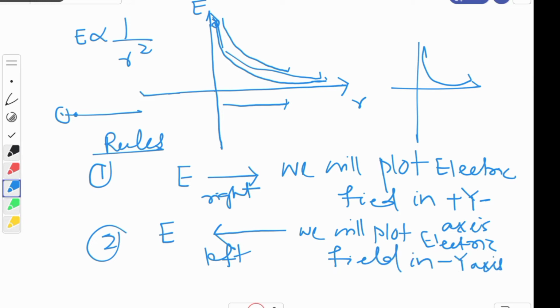Remember these two rules. Clear, children? Now we'll see one by one. We'll discuss some examples.